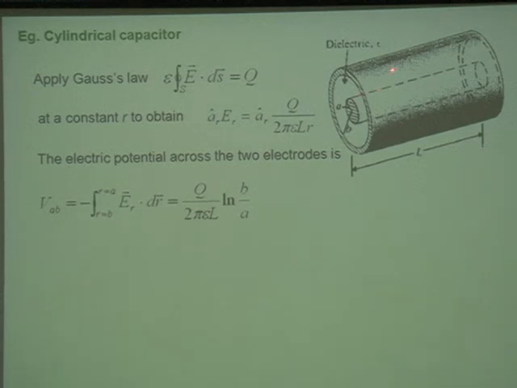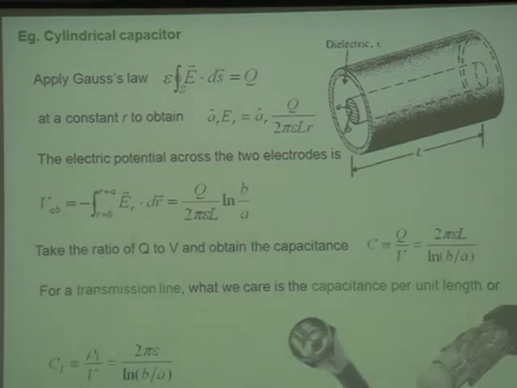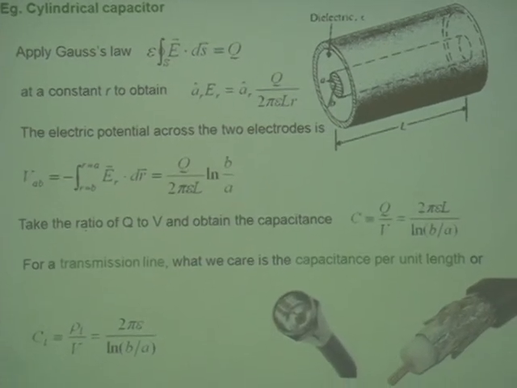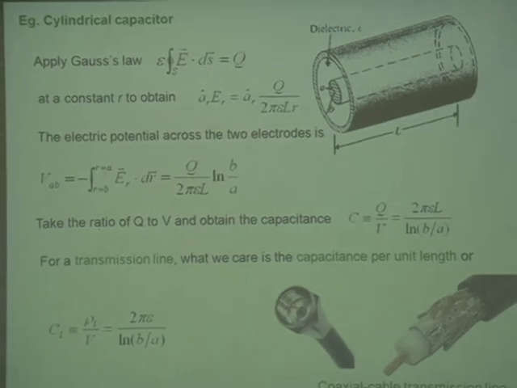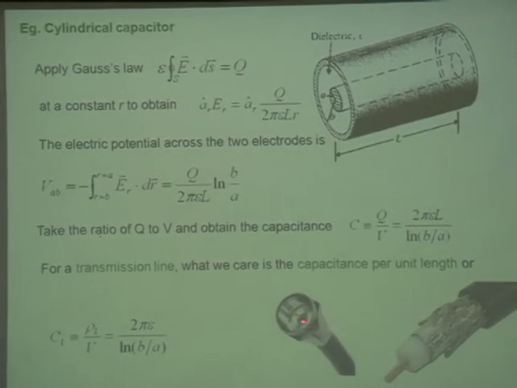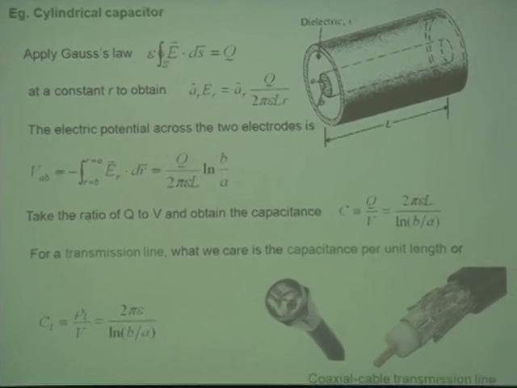Since you are calculating the voltage from this electrode to this electrode, the radius of this electrode is a, the radius of this electrode is b, so you have a finite value for your voltage. And this is a good approximation because the cable can be very, very long, especially for a transmission line. Last time I showed you the coaxial cable. The coaxial cable is very long, and the diameter compared to the length is small.